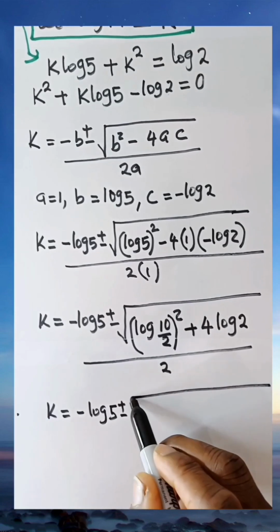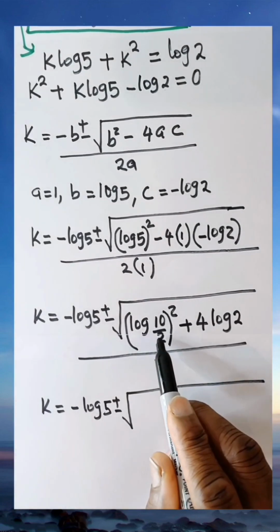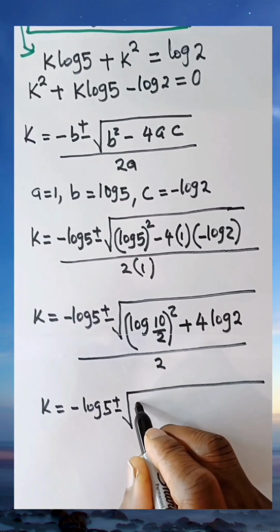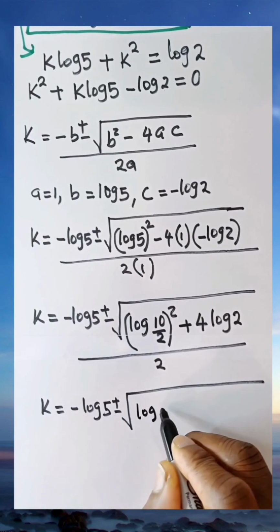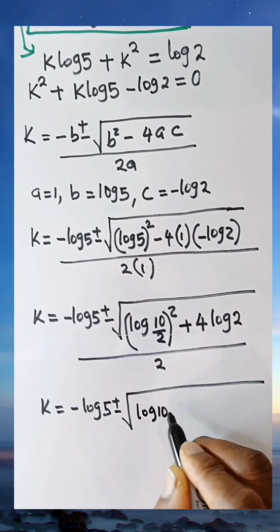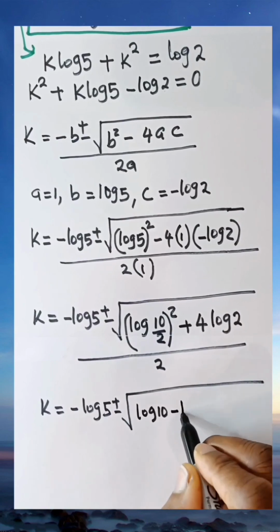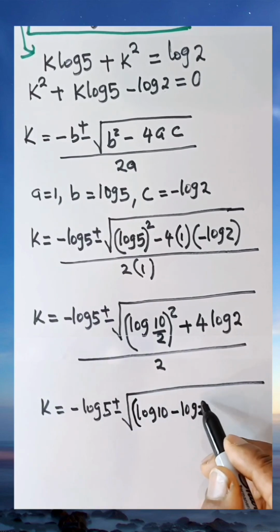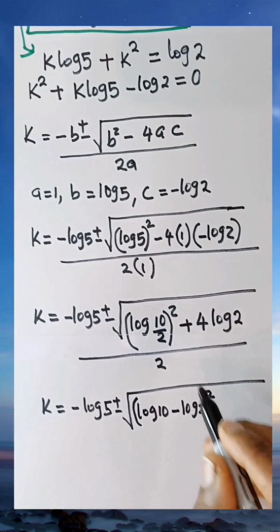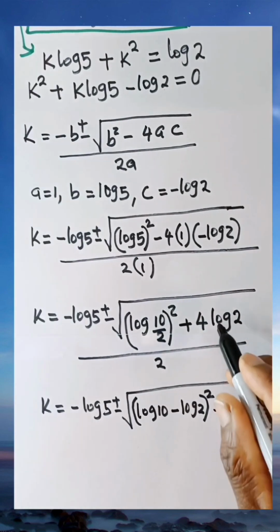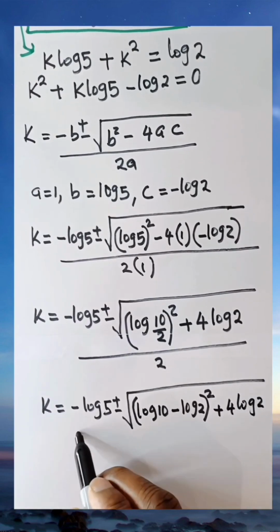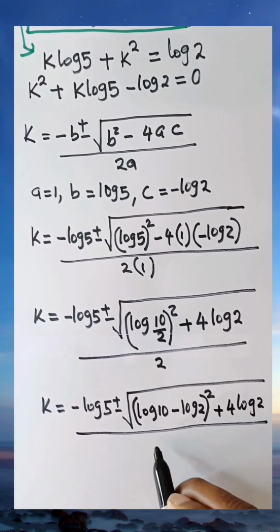The square root of, here, if we apply the division law of logarithm, we can express this as log 10 minus log 2, raised to the power of 2, plus 4 log 2, divided by 2.